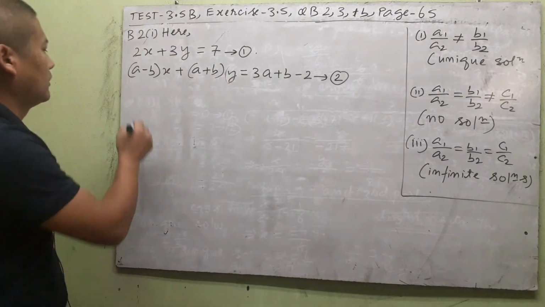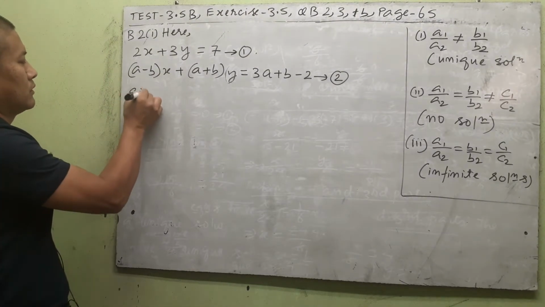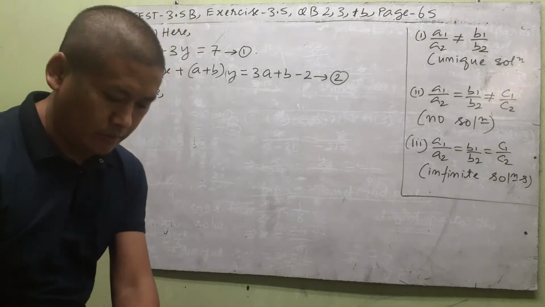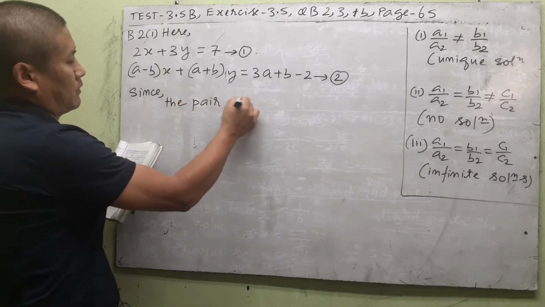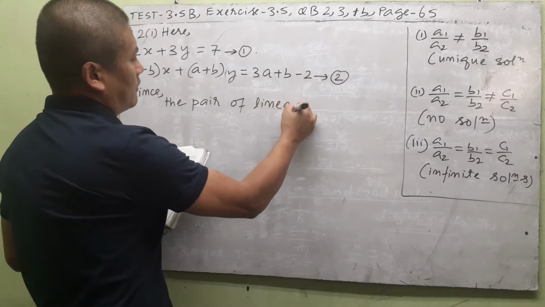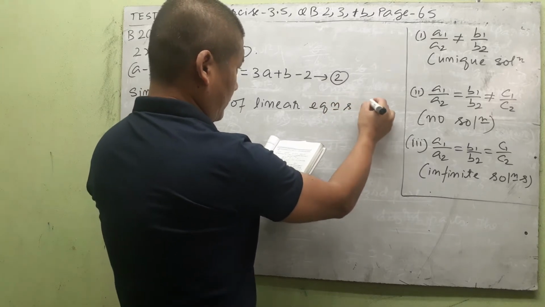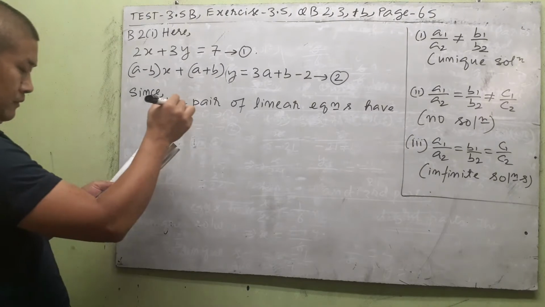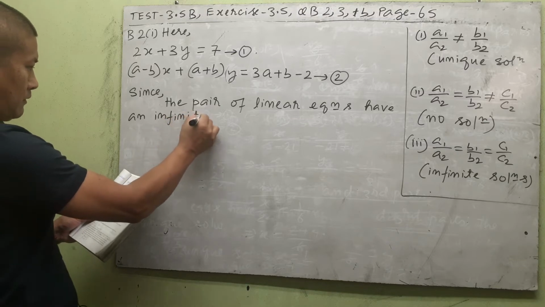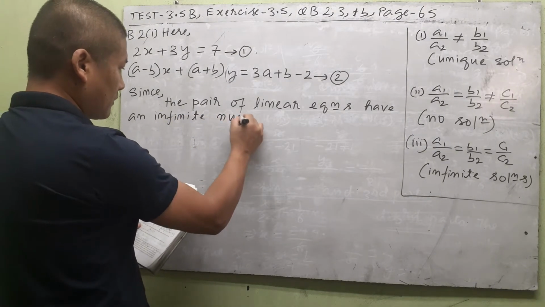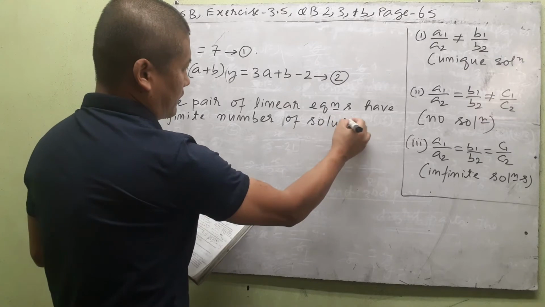So question 2. According to the condition of the question, the pair of linear equations have an infinite number of solutions, as given in the question itself.